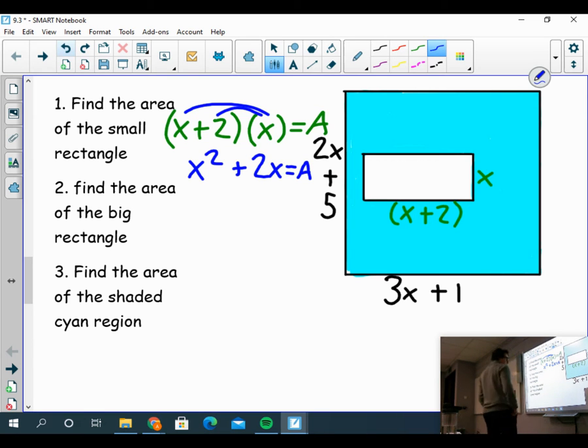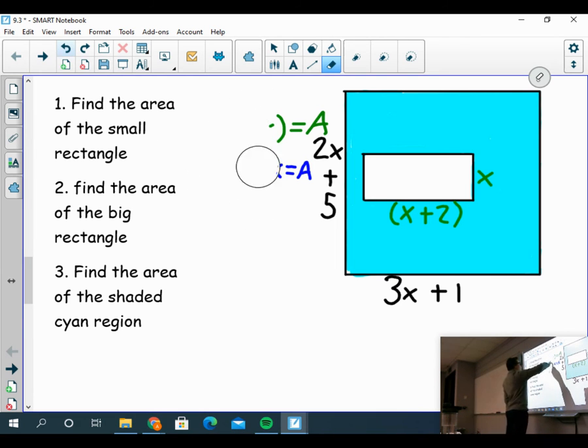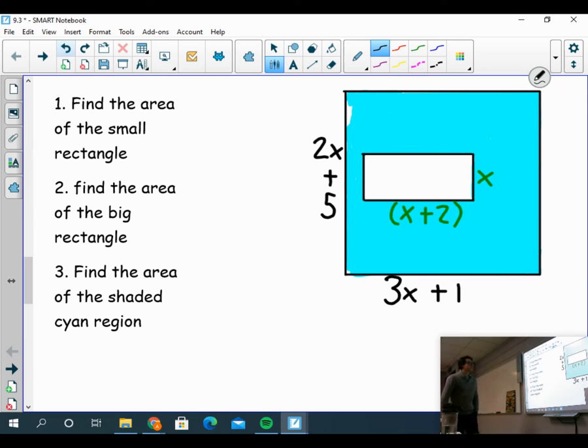So the question becomes, how do I find the area of the shaded cyan region? Well, again, let's take some time and just think about it, and then we'll solve it. The big rectangle here, we already found the area for that. We found the area for the small rectangle. Well, what is the shaded cyan region?